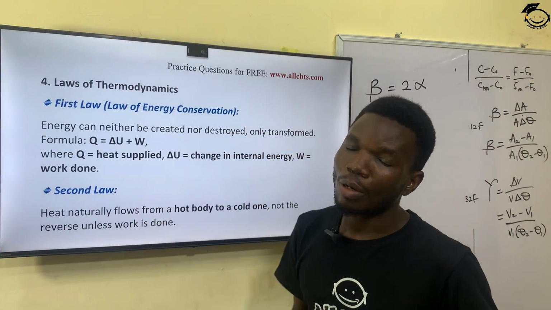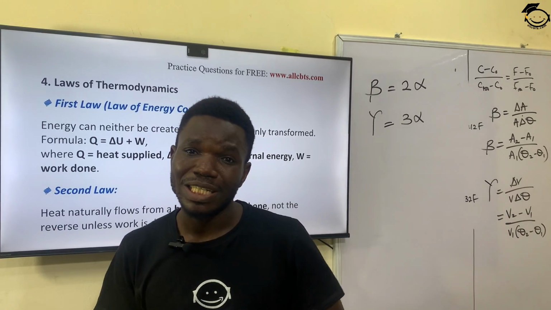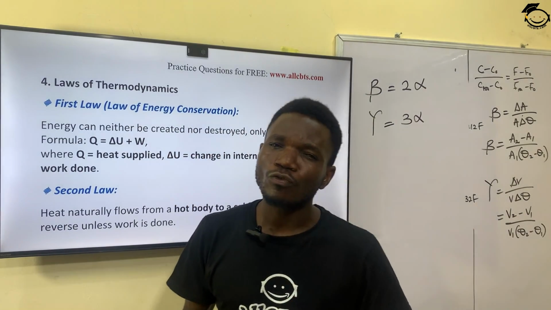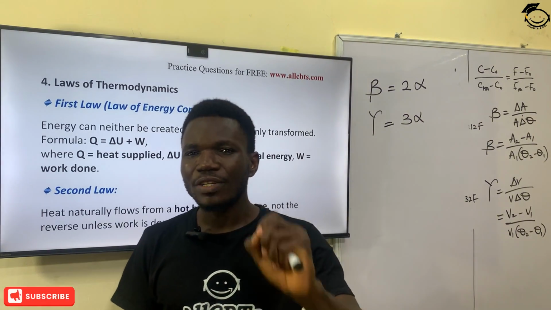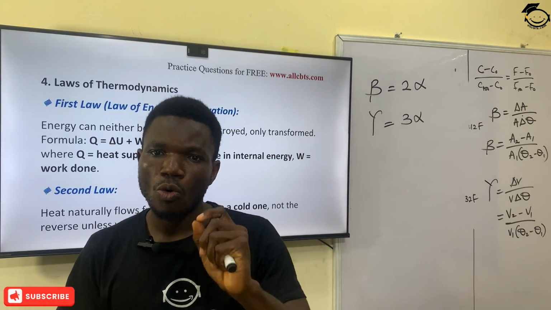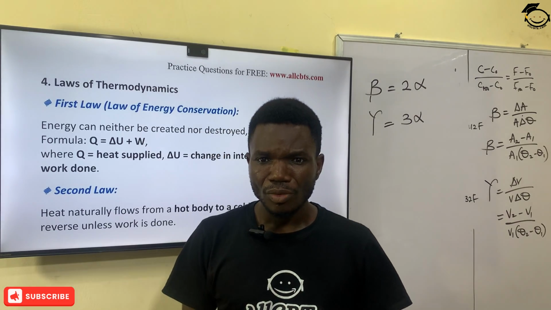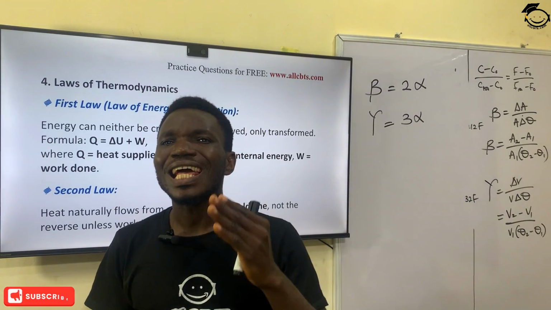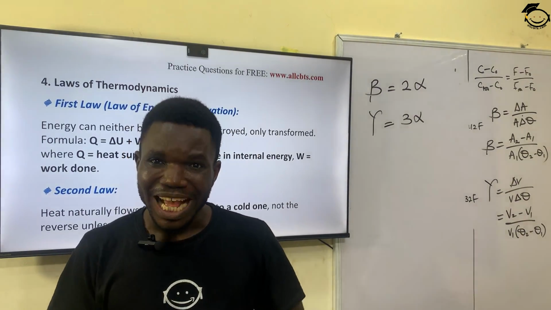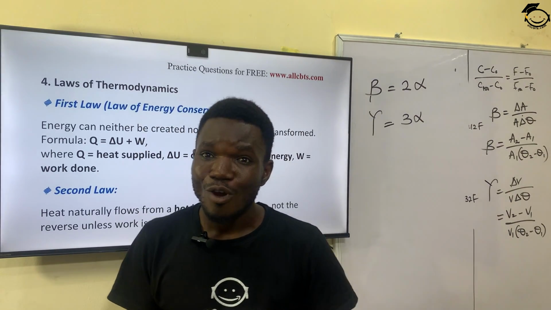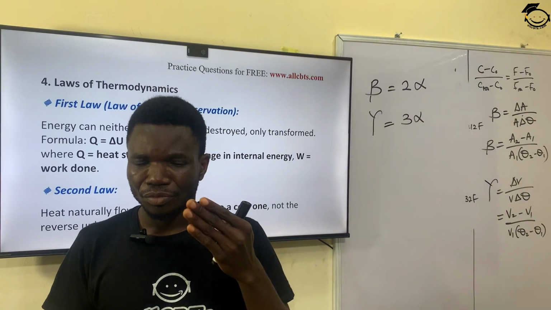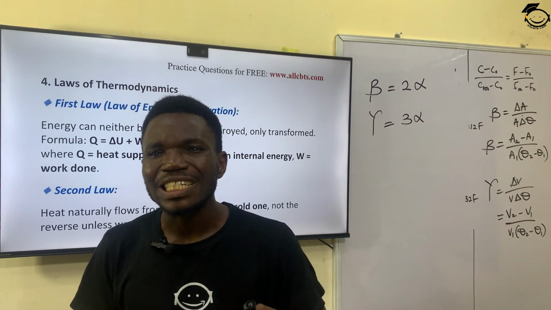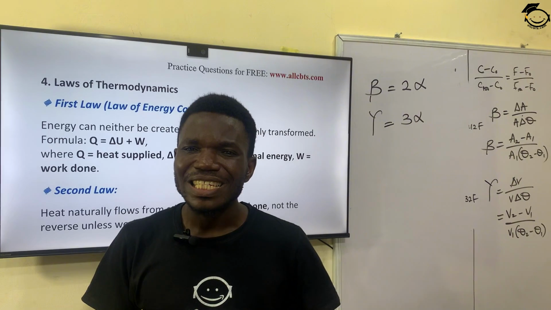What is the second law of thermodynamics saying? The second law of thermodynamics says that heat naturally flows from a hot body to a cold body. What does this mean? That unless there is work done, heat on its own naturally flows from a hot body to a cold body, meaning that the body that is losing heat is the hot body.